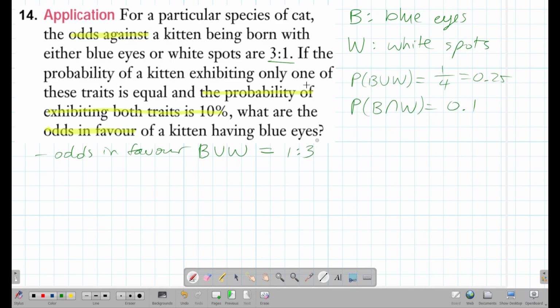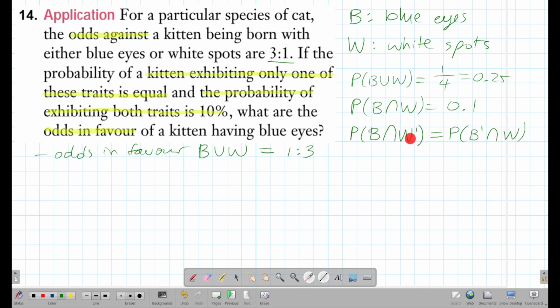And then finally, the probability of a kitten exhibiting only one of these traits is equal. So that means that the chance of a kitten having blue eyes but not white spots is equal to the chance of a kitten not having blue eyes but having white spots, because that's what exhibiting only one of these traits means.